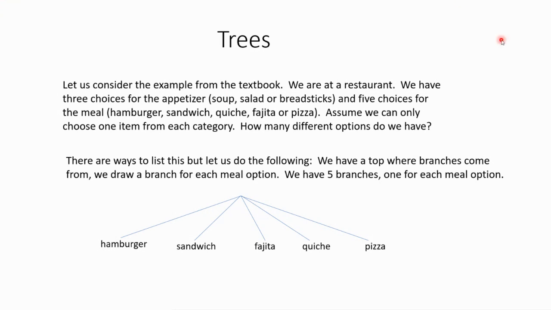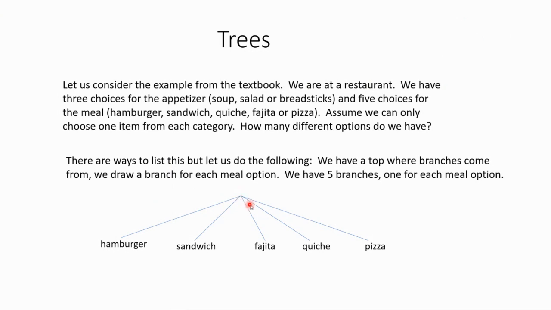So we want to know how many different options you could have. Well, we can determine how many there are without listing them. Being able to list them is useful. One way to do that efficiently is to use what's called a tree. With a tree, the idea is this. You have a point on top where the branches come from.